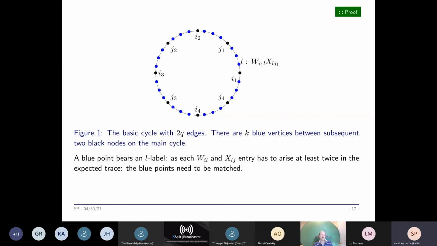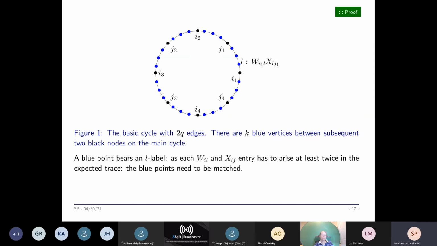Now to encode the W and X entries, I have to use my summation on the L indices. So each edge I1, J1, we call a niche, and each niche will be decorated by L blue points. They stand here for each such entry W I1 L, X L J1.